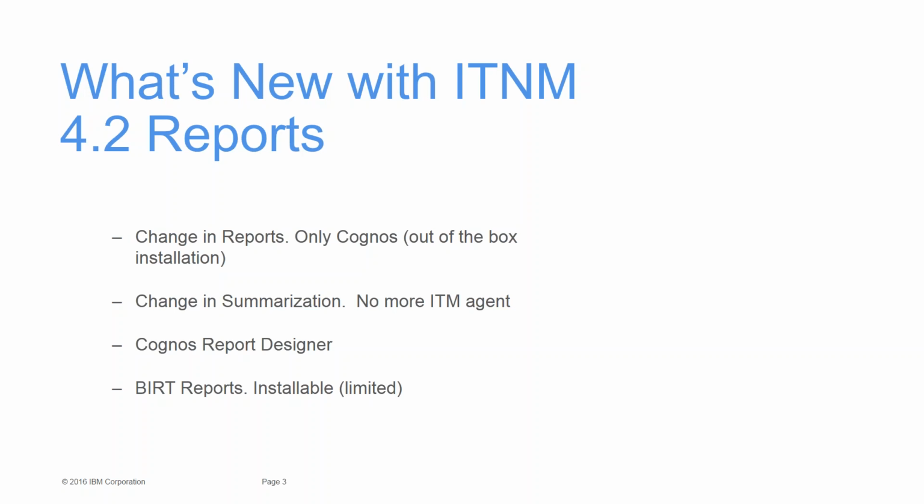The second major change is the change in summarization. Basically, we don't have the ITM agent available in the installation media. We don't use that anymore. All the summarized data, basically all the historic data, is now being taken care of by Storm.